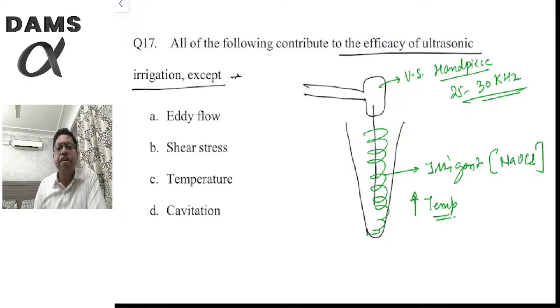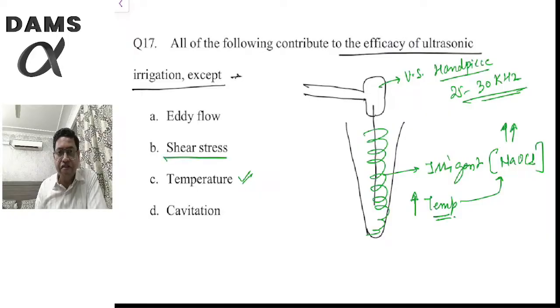When a file is suspended and vibrated ultrasonically, the temperature increases, and that increase of temperature increases the efficiency of sodium hypochlorite. And why does the temperature increase? Due to ultrasonic vibration. So temperature definitely contributes to the efficacy.